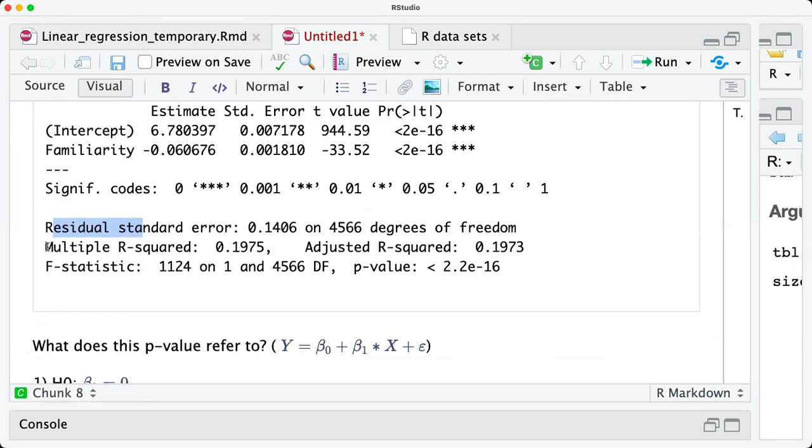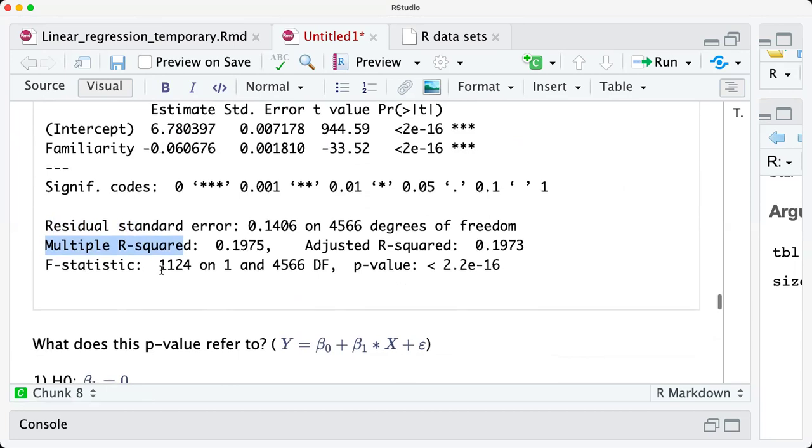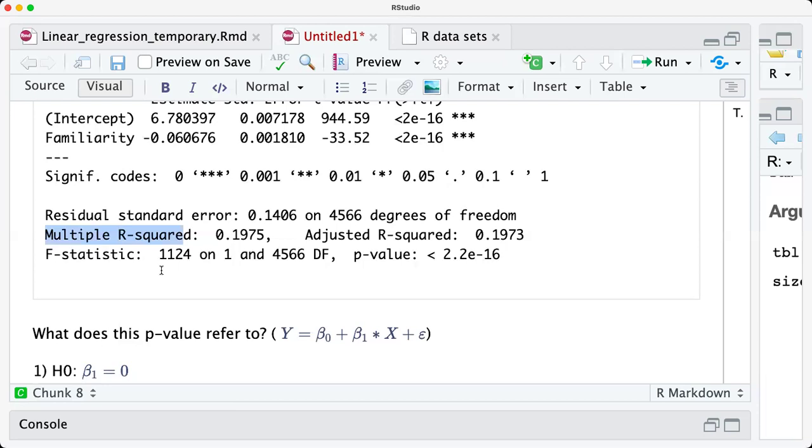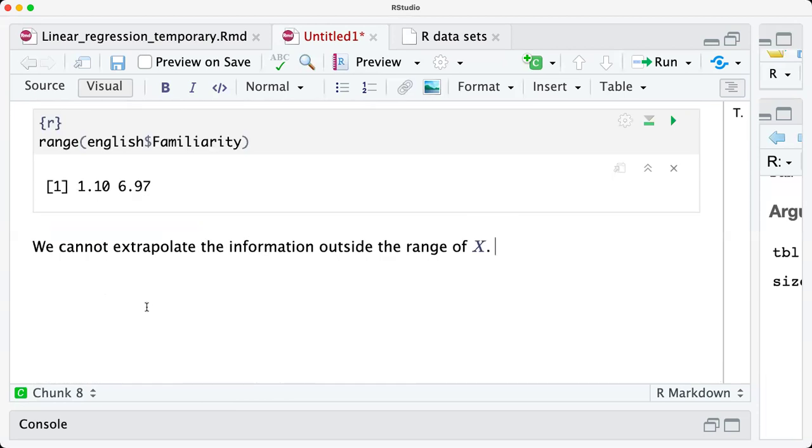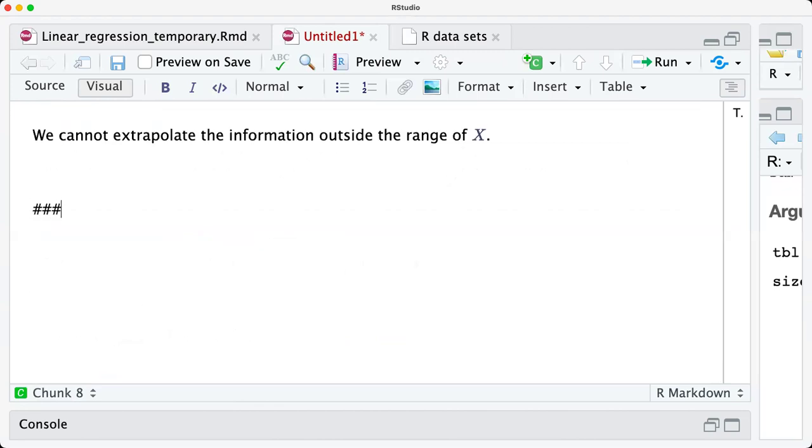The multiple R squared is nice, and the F statistic will be more interesting when we do multivariate regression. So, the residual standard error, let's see what it is. I would say it is the standard error of the residuals.